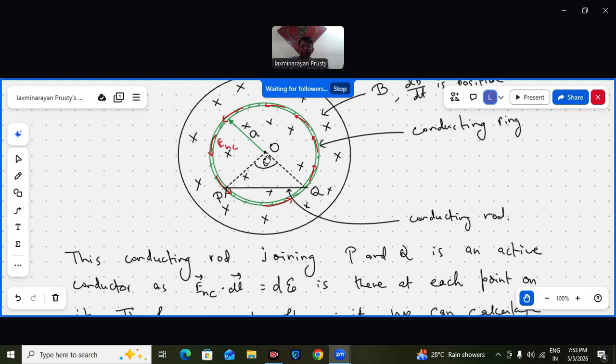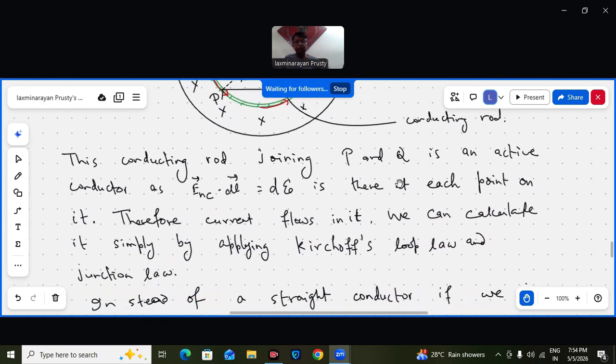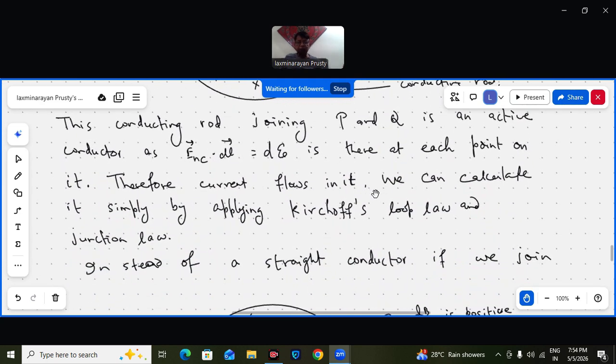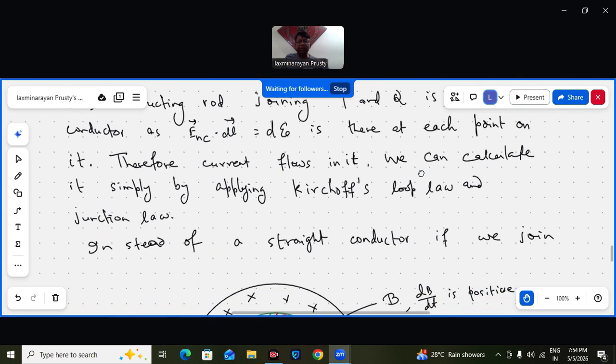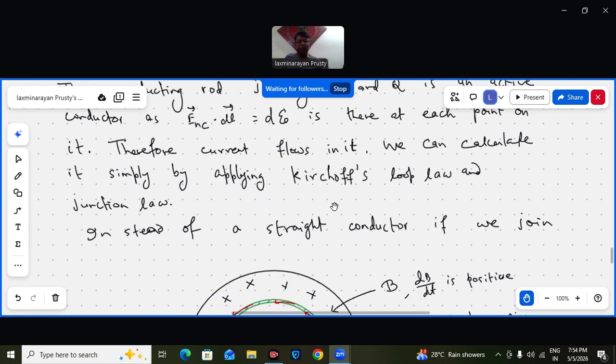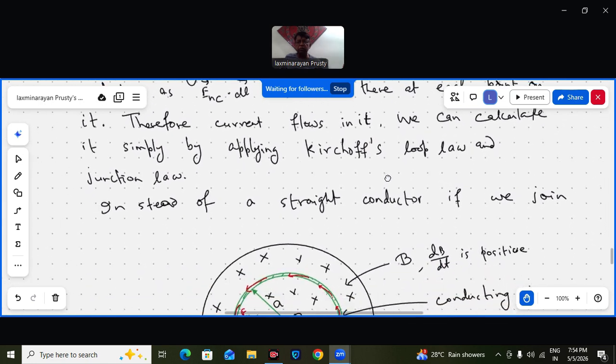The EMF induced in PQ will be the EMF induced in the OPQ closed loop, which is area into dB by dt, which is not equal to 0. Then EMF from P to Q will not be equal to 0. So it is an active conductor. Therefore, current flows in it. We can calculate it simply by applying Kirchhoff's loop and junction law.